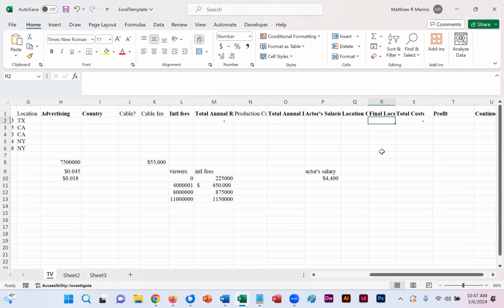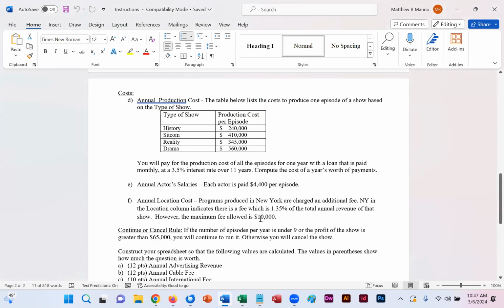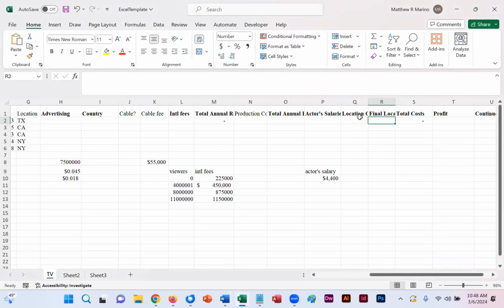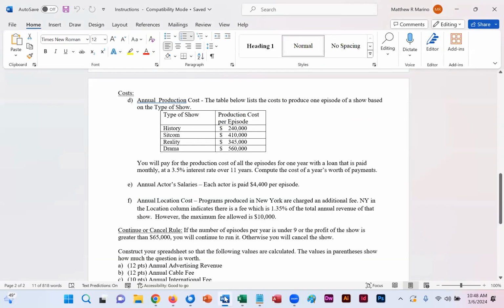And then the final location cost, because the maximum fee allowed is 10,000, you're going to do a min function. So you would do the minimum of your location costs or 10,000.